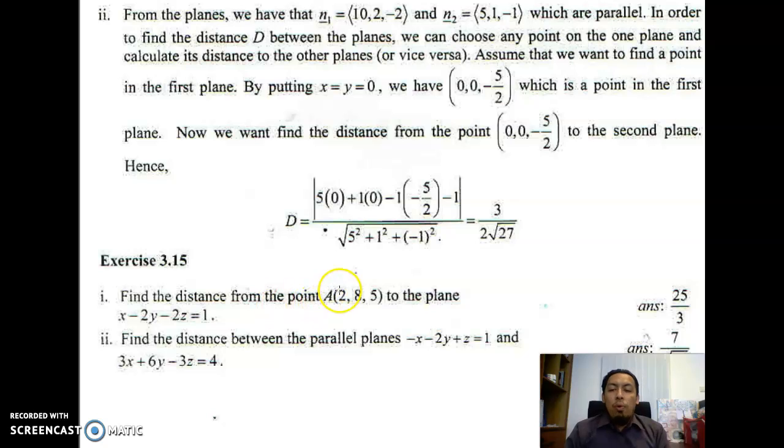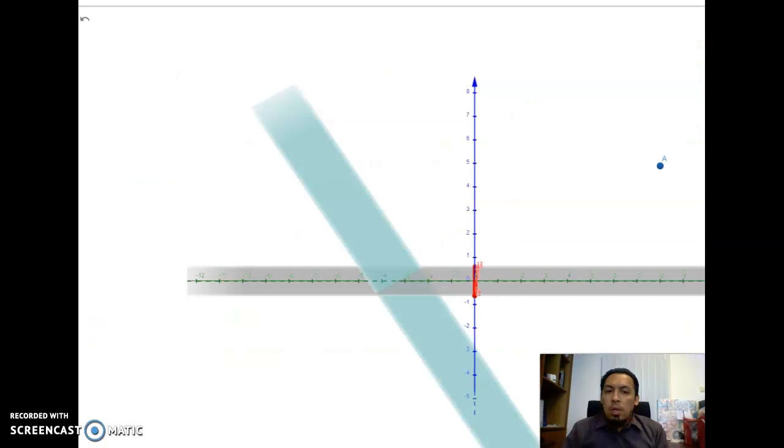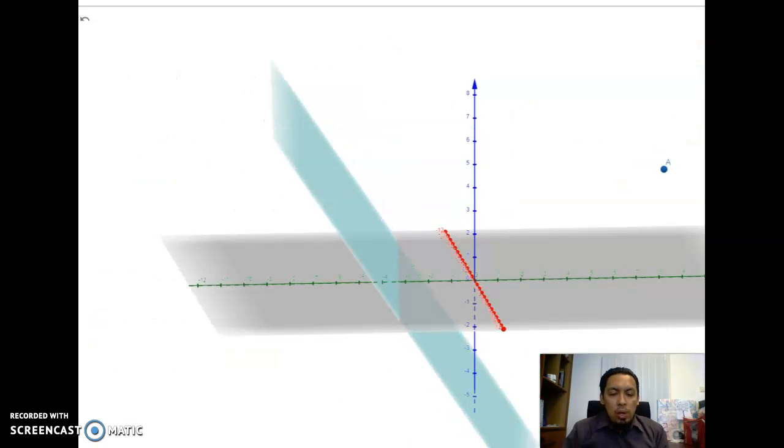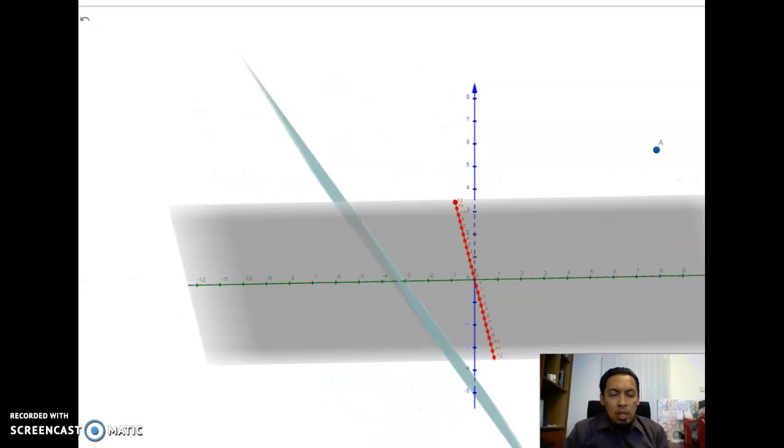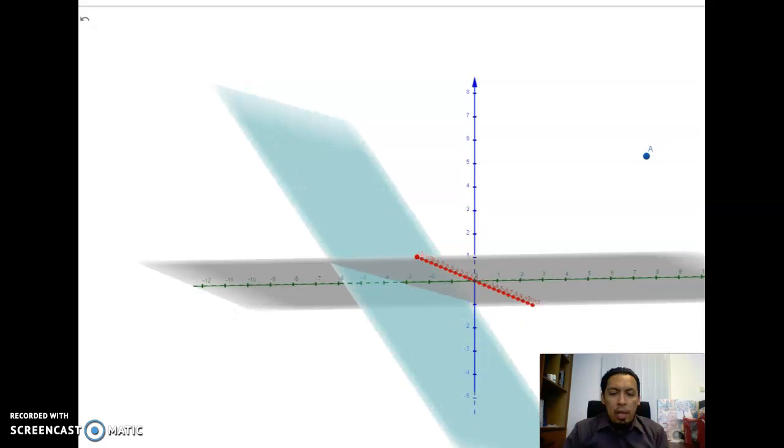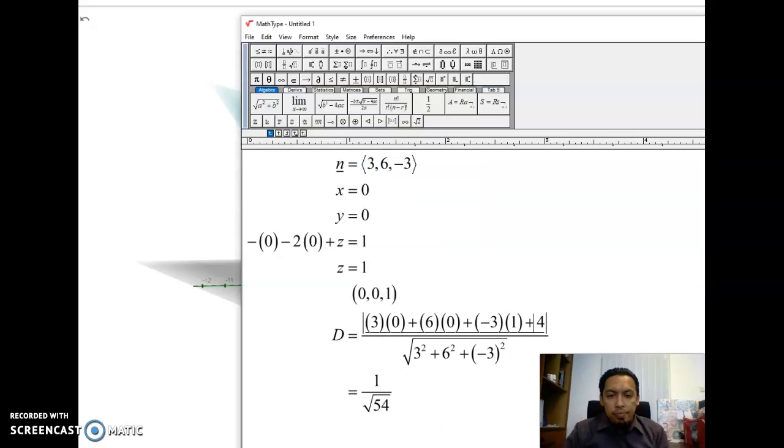So we have one point and we want to measure its distance to this plane. This is what the question is asking about. We have point A, we have the plane, and we want to find the distance from A to this plane.